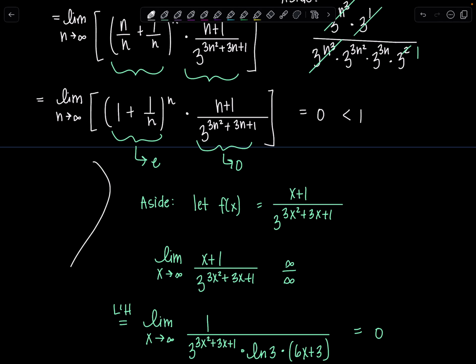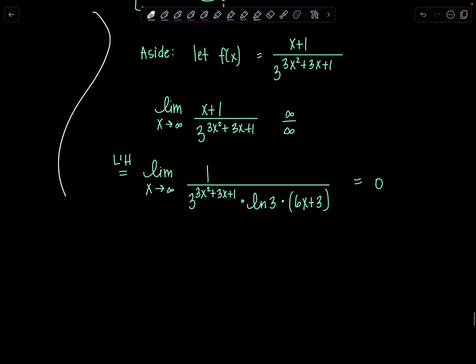So let's write up our conclusion down here. This tells me that the sum, n equals 1 to infinity, of n to the n over 3 to the n cubed plus 1 converges by the ratio test.